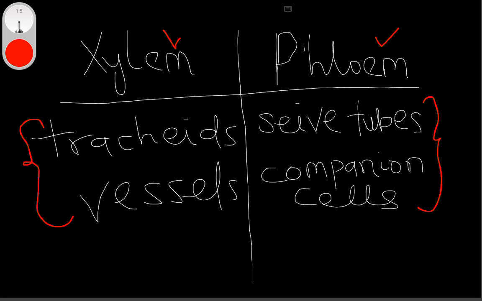How does this xylem work? How does it transport gases? How does it transport water and mineral salts? Okay, now for gases, that's a very high yield question. You can ask, how does the xylem transport gases? The truth is that the gases in plants are transported not by the xylem, not by these vascular tissues.